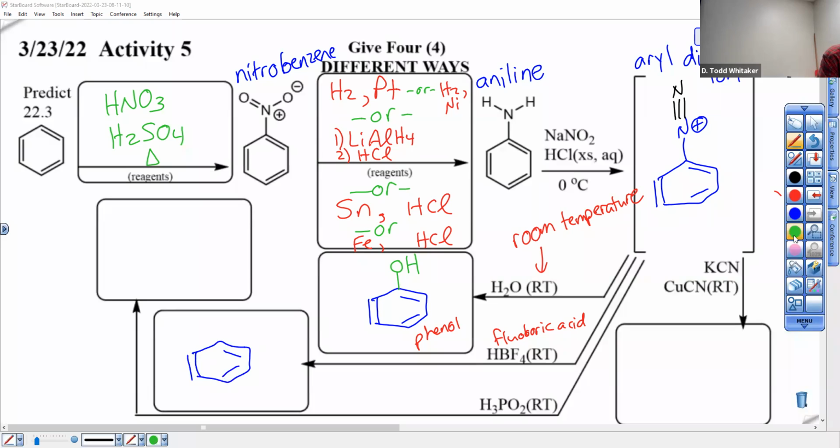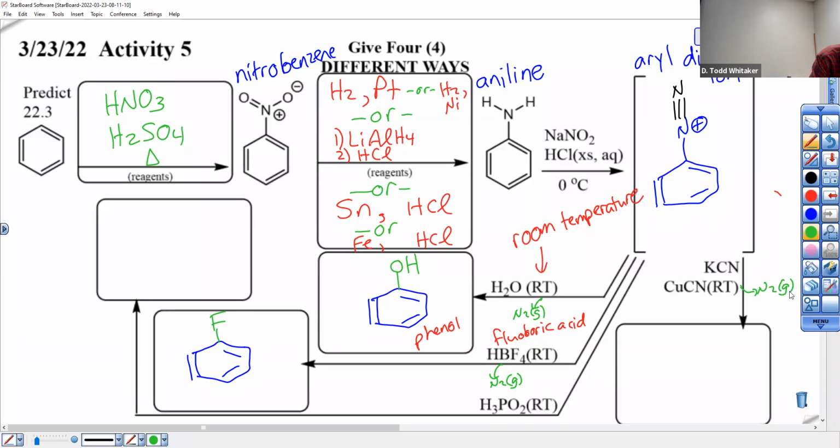We got a fluorine up there. Every one of these loses, as you might guess, N2 gas. You would see bubbles if you were doing this in the lab.